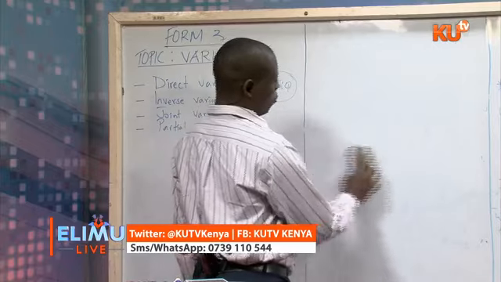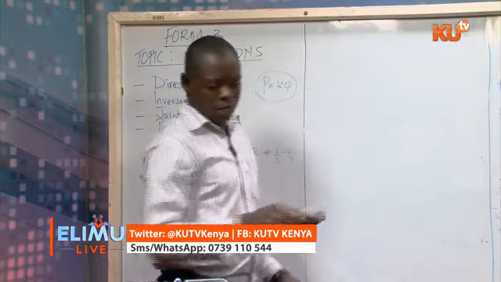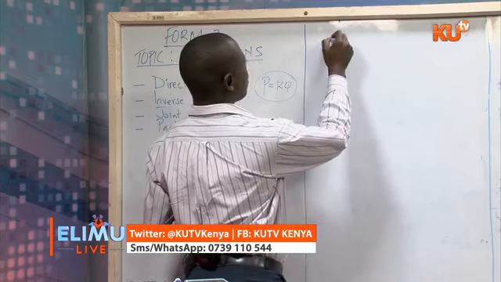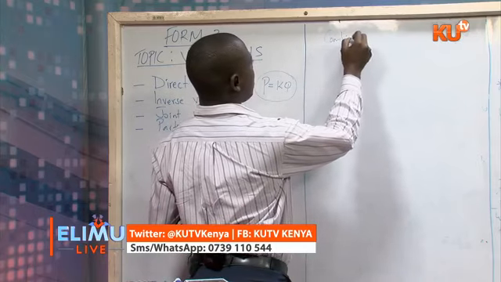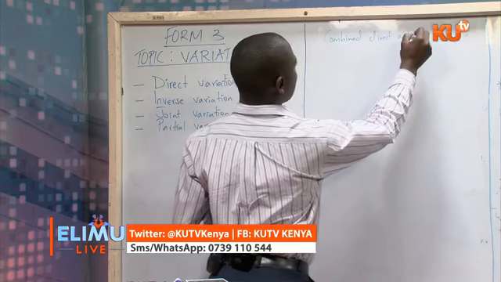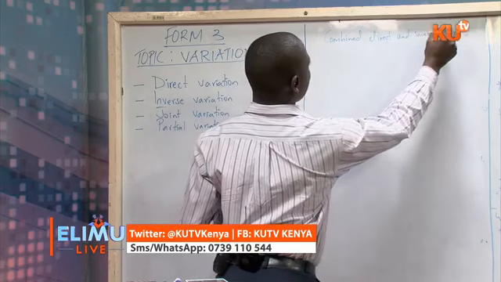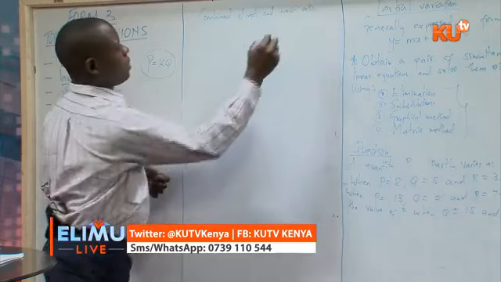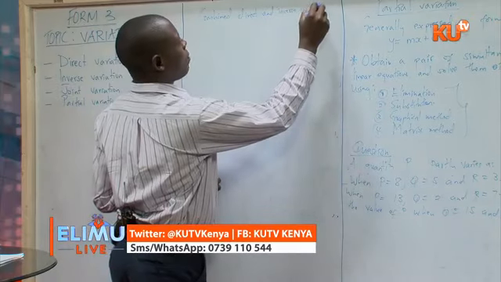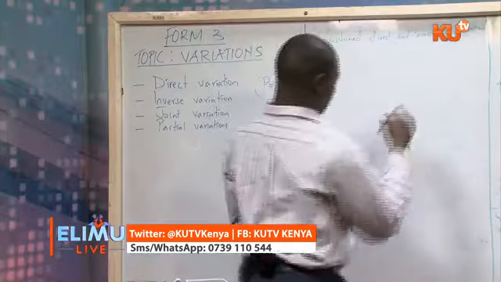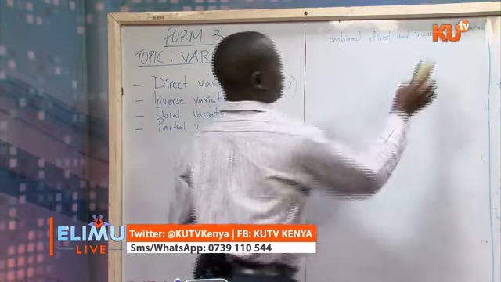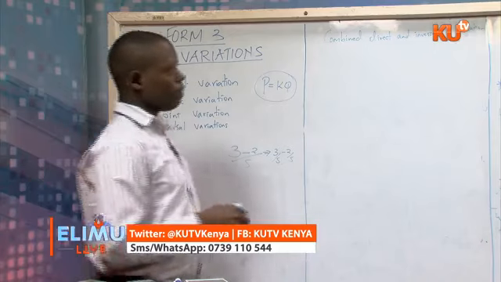To summarize for the student who asked this, combined direct and inverse variation means we are simply working out direct and inverse in the same question.